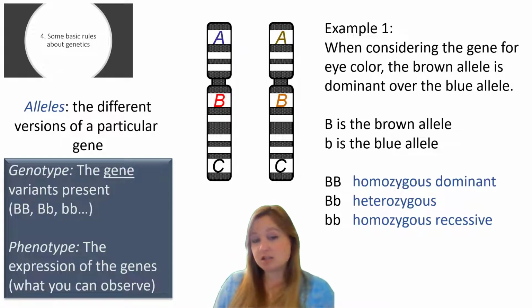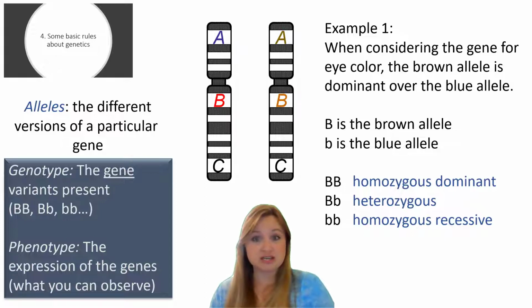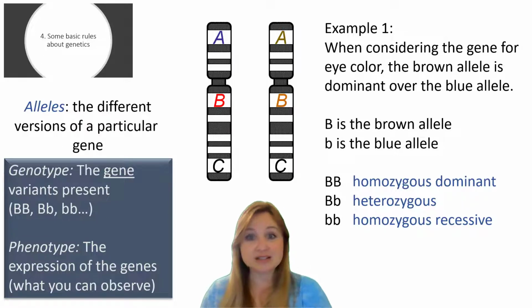How about big B, little b? What's going to be the phenotype of somebody with a big B, little b genotype? Their phenotype is going to be that they also have brown eyes because they have a dominant allele and a recessive allele. But remember, if you have 1 of each, the dominant one wins. And we'll see the dominant one. That's the one that ends up being expressed.